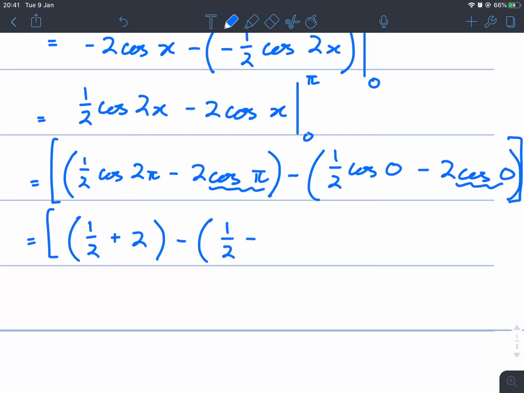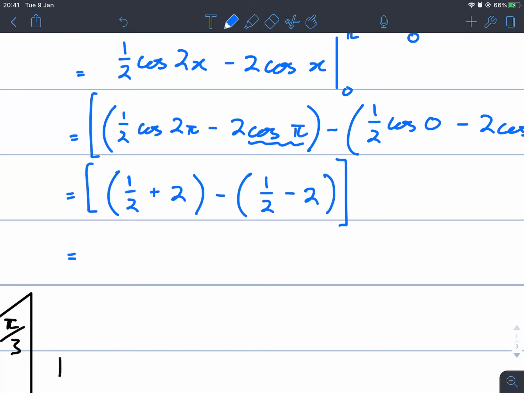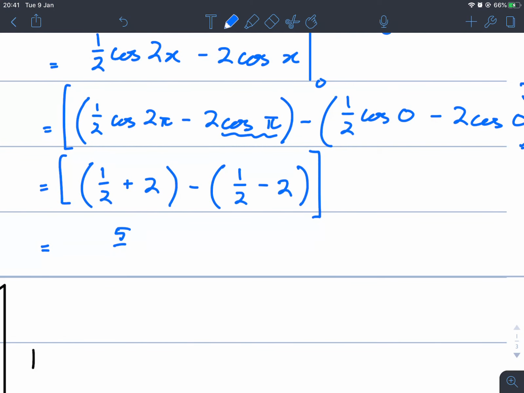Minus cosine of 0, which is 1, times negative 2 is negative 2. Minus half minus 2.